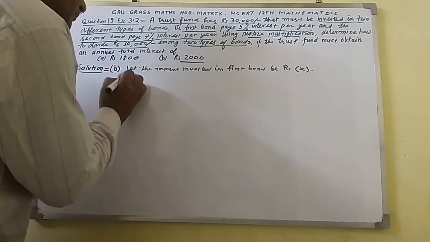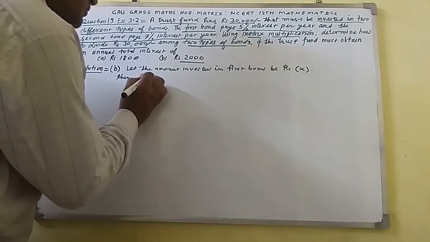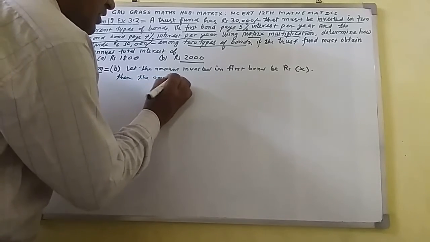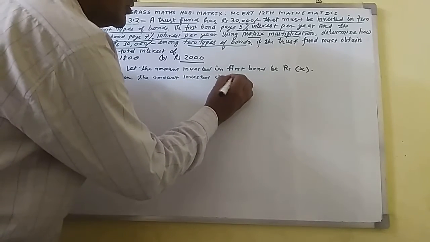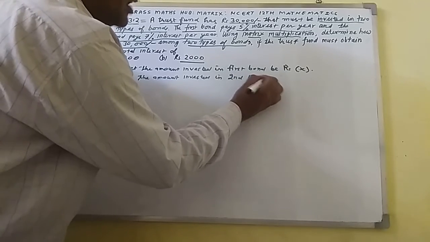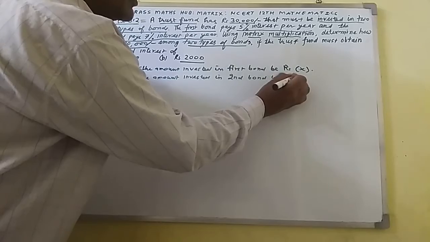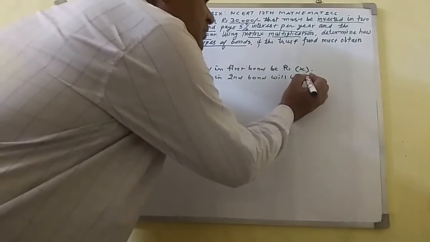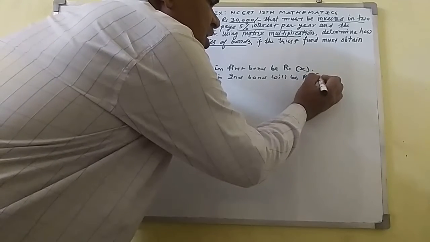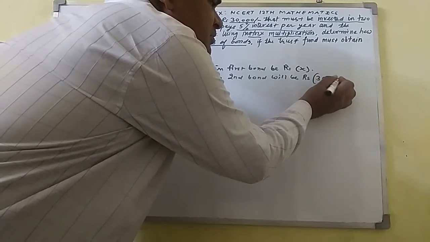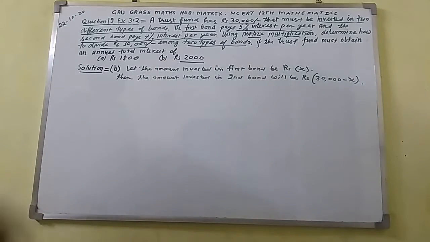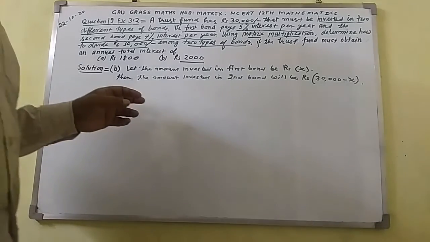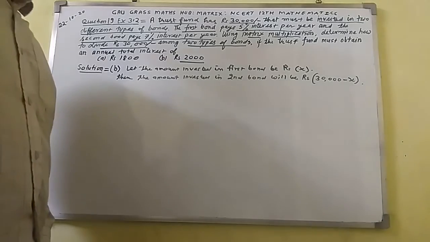Then the amount invested in the second bond will be rupees 30,000 minus X, because the total money to be invested here is rupees 30,000.